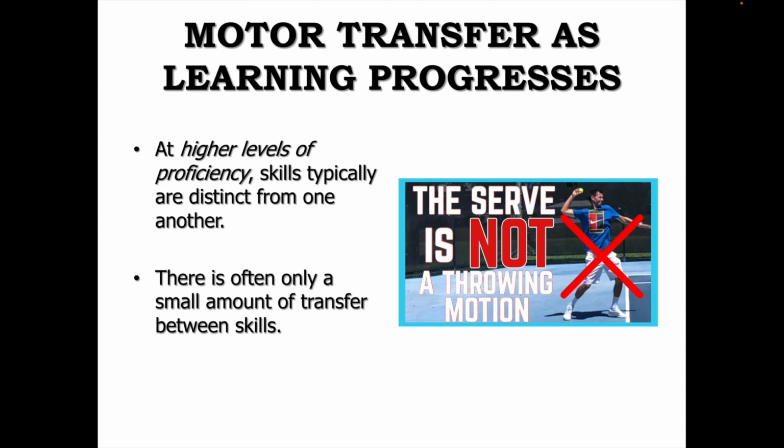If I'm a very high level tennis player, meaning I'm in the pros, playing at Wimbledon, and I practice throwing a baseball, I will probably not get better at serving. If I do get any better, the transfer of performance to hitting the tennis ball will be very small due to the amount of practice I did throwing a baseball.